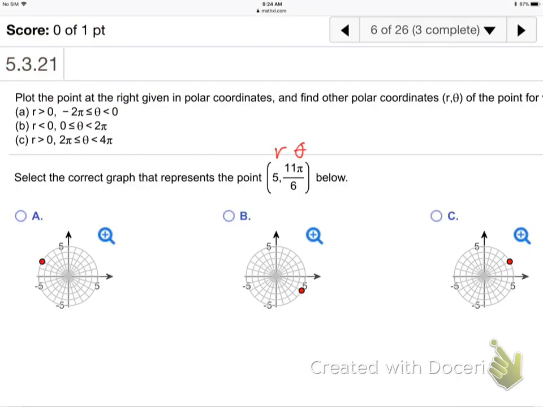Let me show you what they're saying. First off, part A: can you say that same point with an r that's greater than 0, so positive, but with a theta angle between 0 and -2 pi?